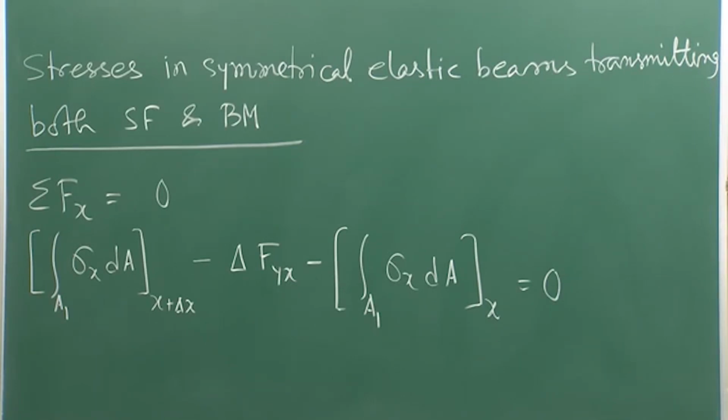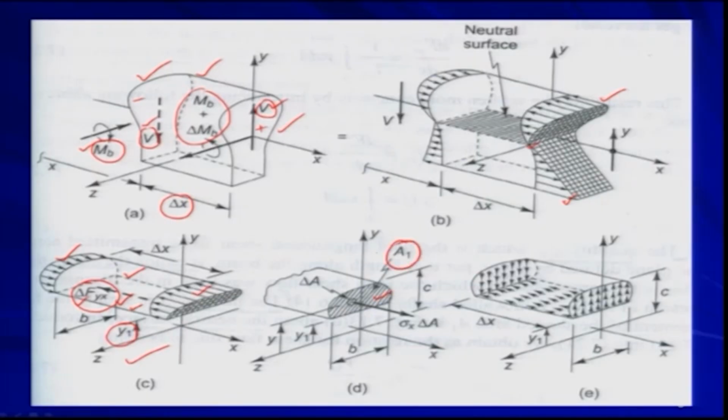The first term is the integration over the area A1 that is given here. On this area, if you consider a small area delta A or dA, sigma x into delta A is the force acting on this small area, and if you integrate over the whole area A1, then you will be getting the force on that particular area A1. So, the first term is acting on this face, which is x plus delta x distance apart.